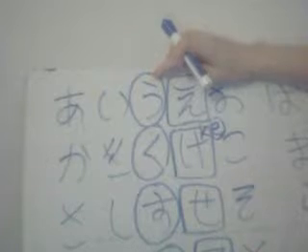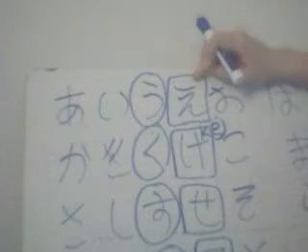To change to meet into can meet, au ends in u, so u is going to become e. It's going to be a, e, and then we add ru. So it's going to be aeru.